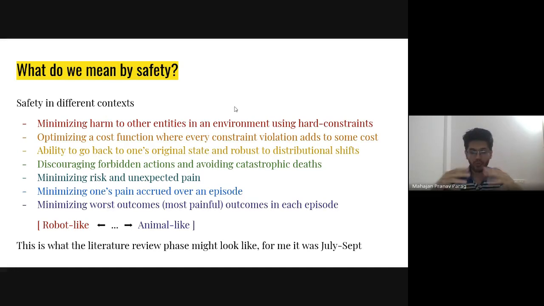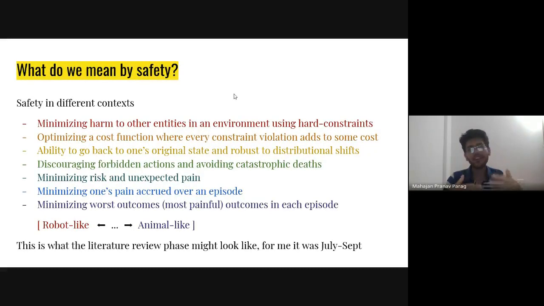So from a computational neuroscience perspective, what is more interesting, or focused on more, is how humans or animals think in terms of safety of their own self, and they definitely don't think in terms of hard constraints. And so I did a review of the safe reinforcement learning literature in the first 2 to 3 months, which was July, August, September.